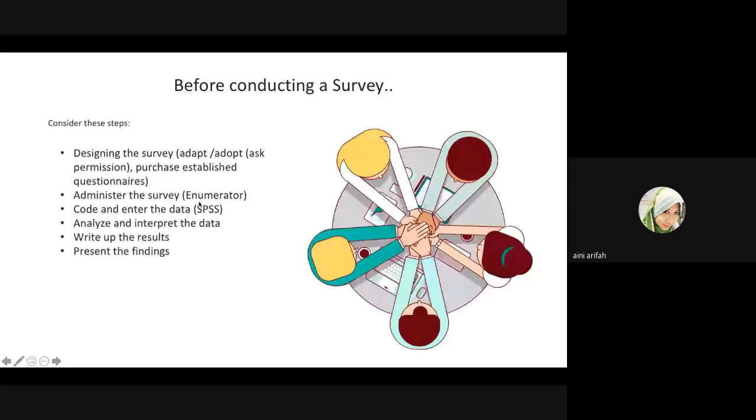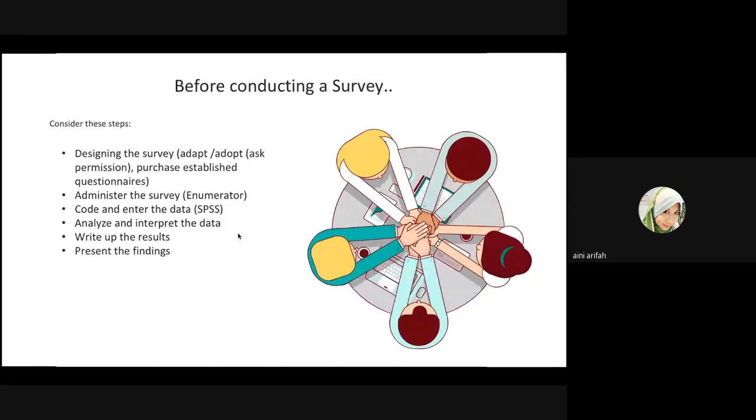Whether you want to pay someone to become the enumerator to help you collect or carry out the survey for you. Then you need to code and enter the data into SPSS or any other software. After that, of course, we need to analyze and interpret the data. And last, you have to write the results and present your findings.